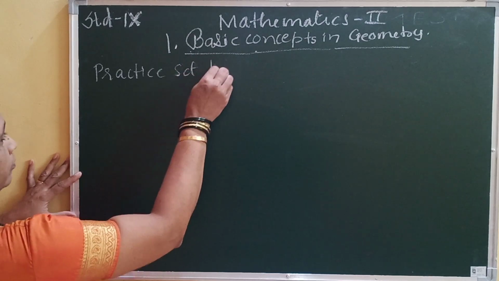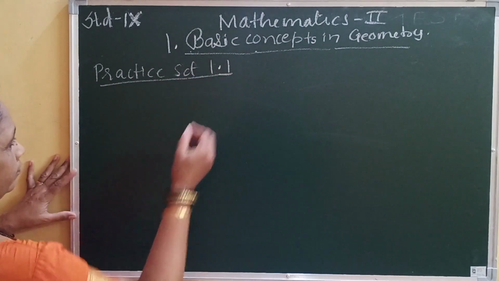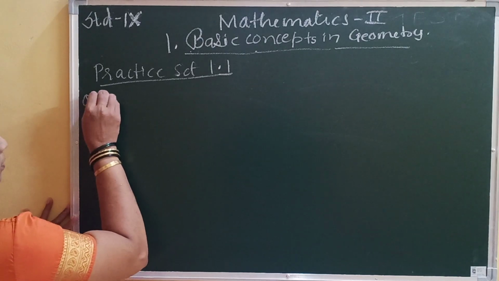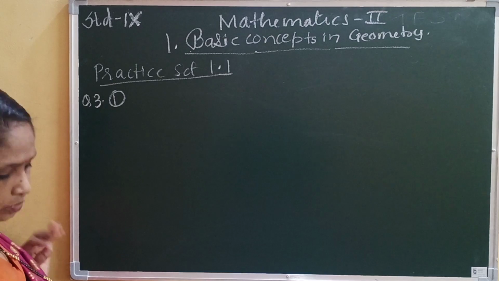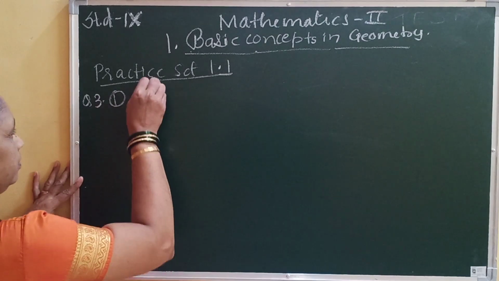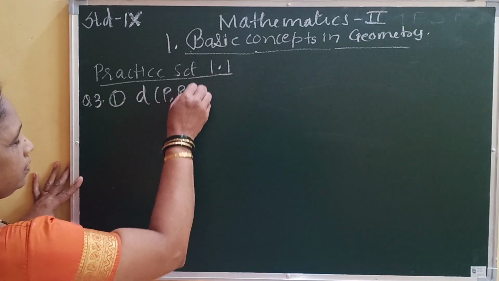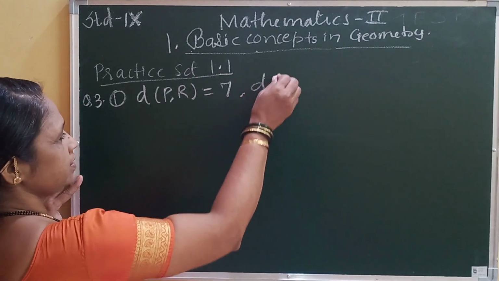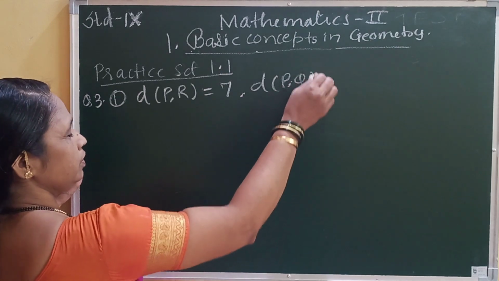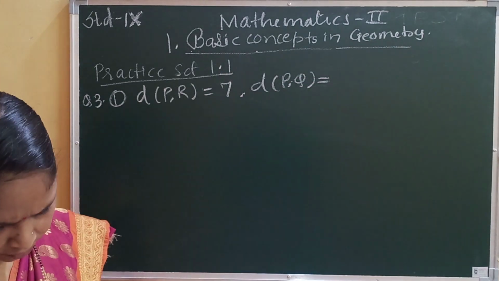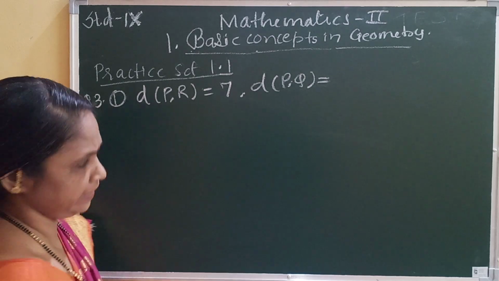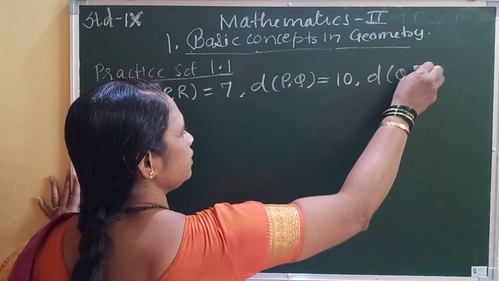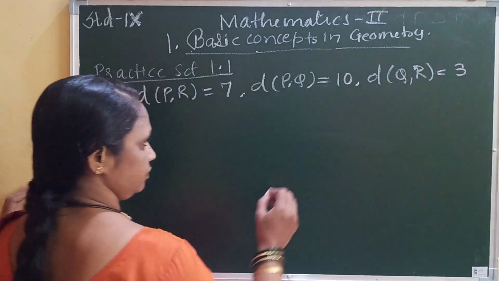In Practice Set 1.1, question number 3, the first example. Now what is the question? Distance PR is given as 7, distance PQ is given as 10, and distance QR is given as 3.